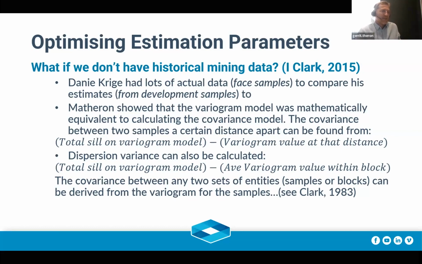So we can see a lot of things hinge on our variograms. A lot of people ask, does the variogram really matter if I don't model it correctly? But we must do our best to do it as properly as we can, because a lot of things are dependent on our variograms.